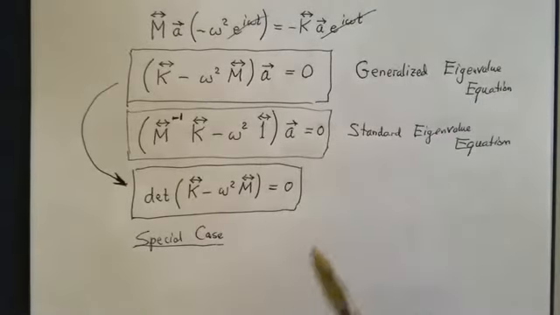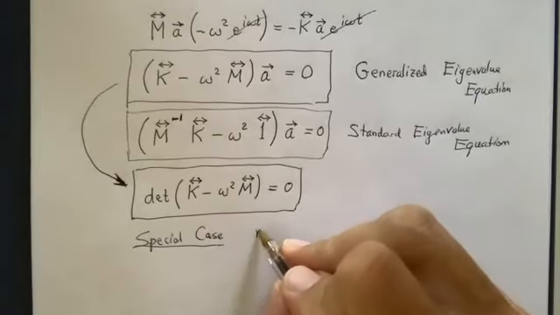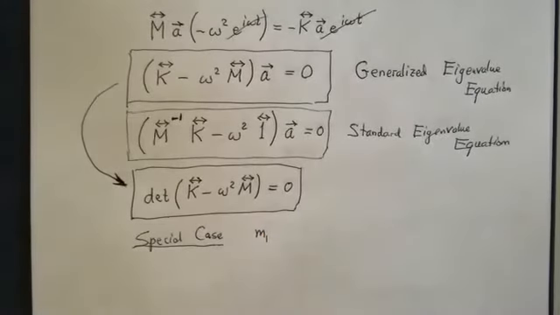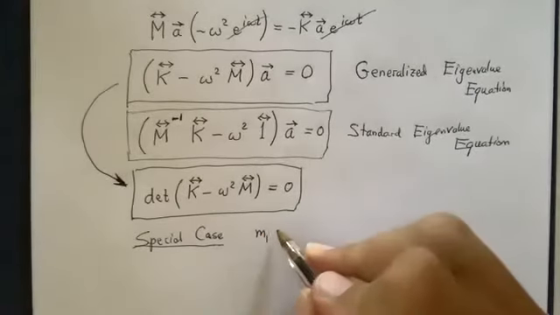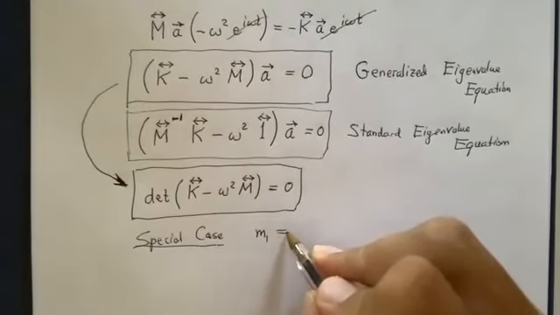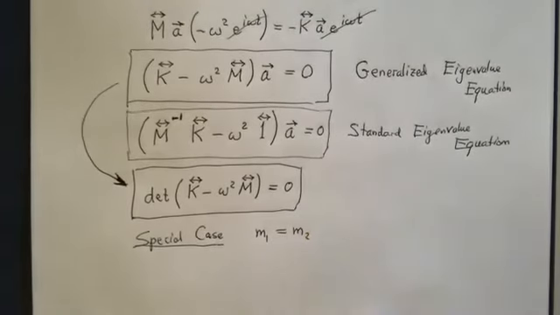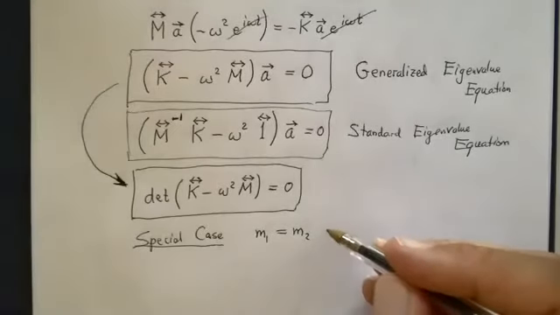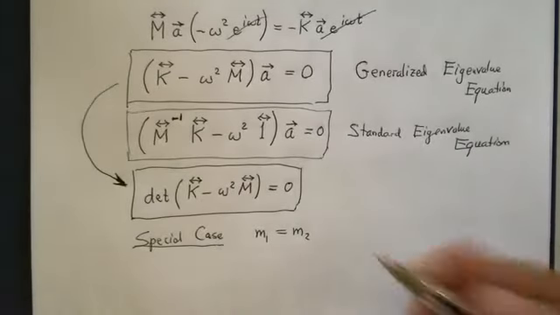Now, by looking at a special case, we'll have the two masses be equal. So that means M1 is equal to M2. Okay. And for really clean notation, let's just simply call it, we have one mass parameter. Let's just call it M, little m.